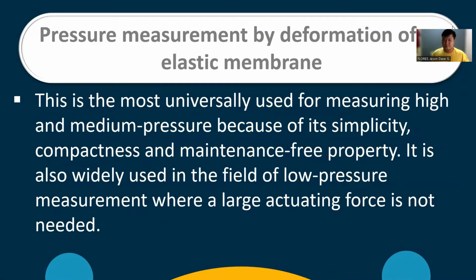Pressure measurement by deforming an elastic membrane. This is the most universally used for measuring high and medium pressure because of its simplicity, compactness, and maintenance-free property. It is also widely used in the field of low pressure measurement where a large actuating force is not needed.